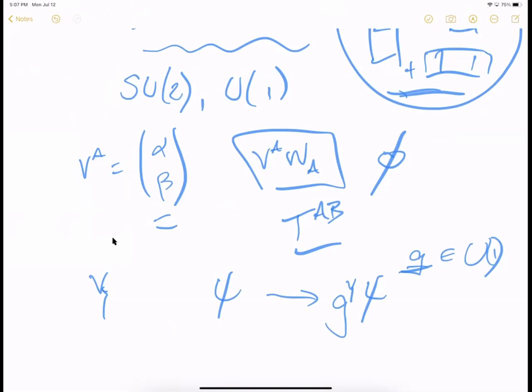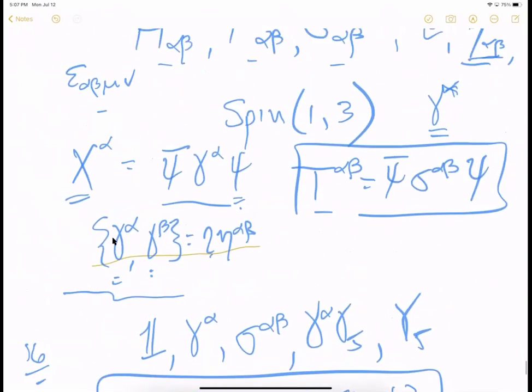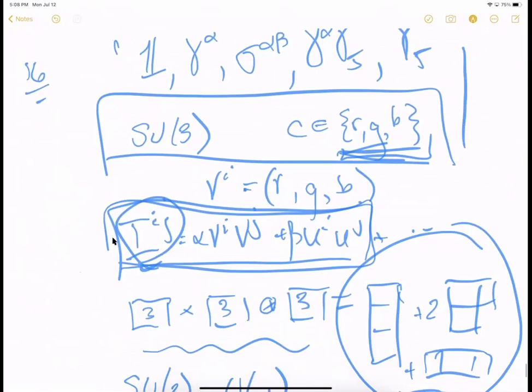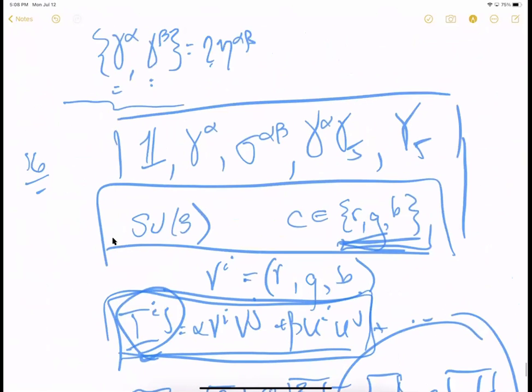So we can use any of these things in the action. We're not just going to throw these in willy-nilly, although actually, come to think of it, in the 60s, I think people did look at everything you could build out of these guys, right? Tensor interactions and pseudo-scalar interactions and things like that.